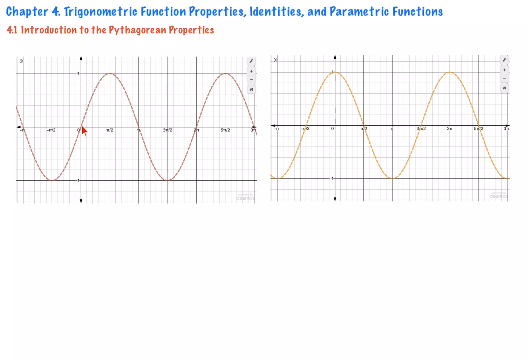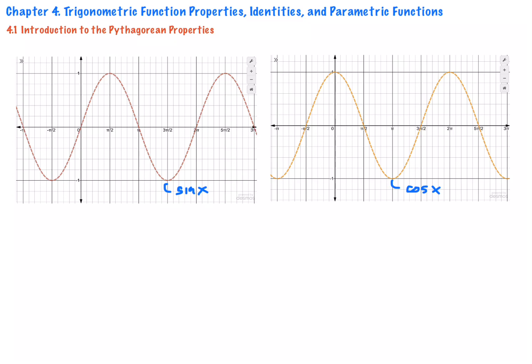Because you have the inflection point at the origin, and then it goes to the high point, low point, and then it ends one cycle at 2 pi. The second will be cosine, because it starts with a high point and then ends at a high point again, on the period of 2 pi. So this must be cos theta.